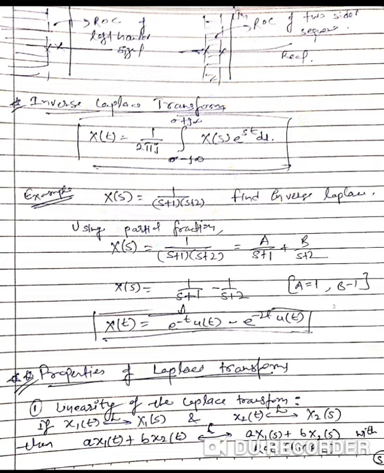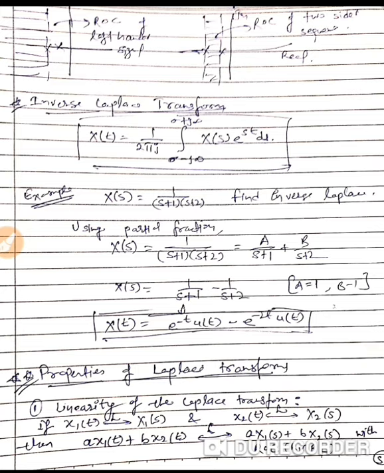So this is the formula for inverse Laplace: xt is equal to 1 upon 2 pi j integral of X of s e raised to power st ds. We have to integrate with respect to the complex variable s.